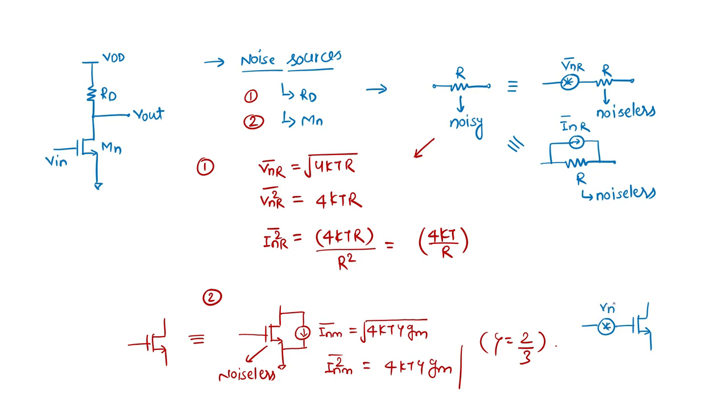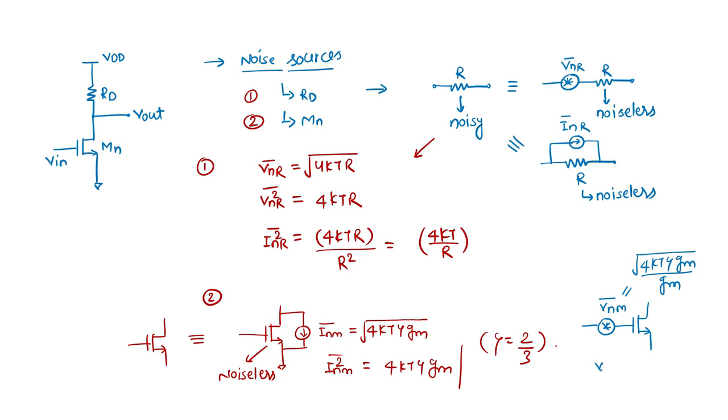What is this value? This value, VNM, is nothing but the root of 4kT gamma gm, divided by the gm of this transistor.